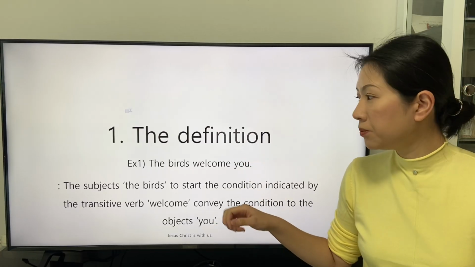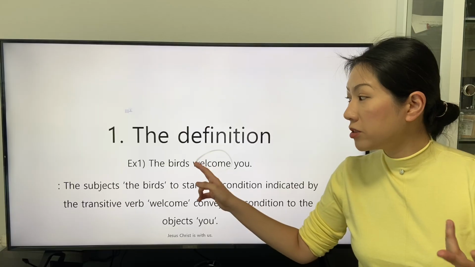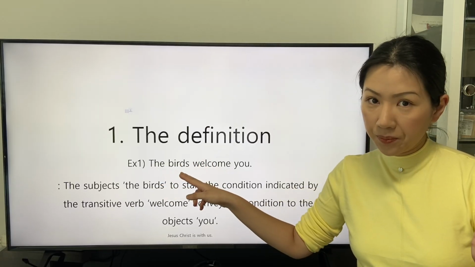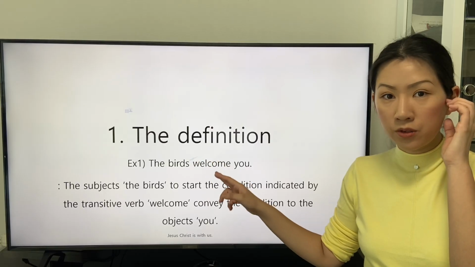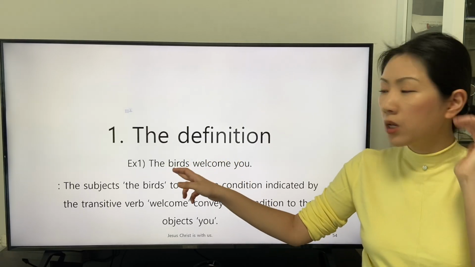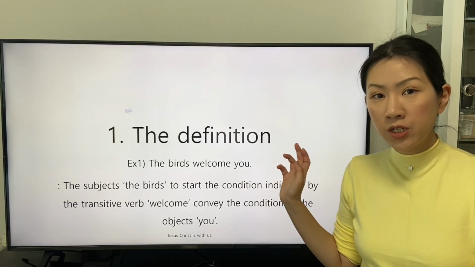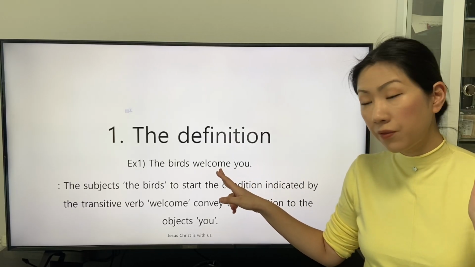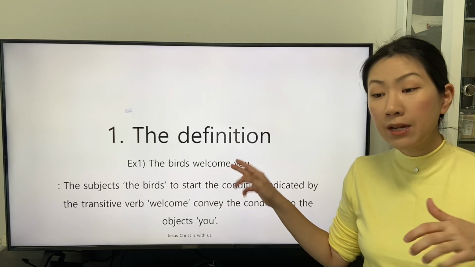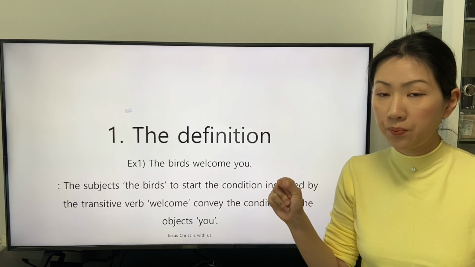In this class, the definition of the transitive verb welcome starts from the subject, and the subject gives the definition of the transitive verb welcome to the object, the listeners, and the listeners receive the definition of the transitive verb welcome from the subject and complete the subject-object relationship.